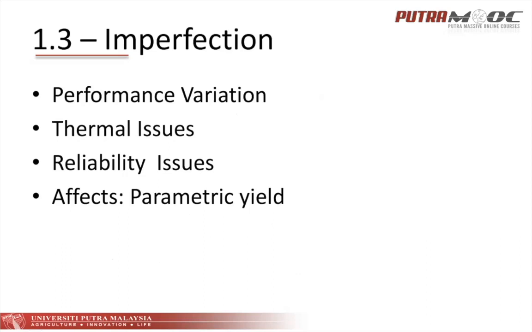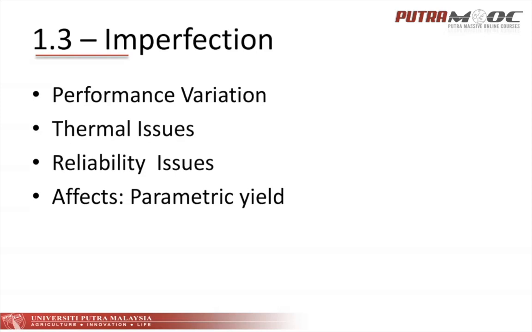Because we have designed the circuit to pass certain specs, and then suddenly you have a large performance variation that you did not control during the fabrication process, and it caused the chip to fail. So performance variation needs to be taken care of during the circuit design.